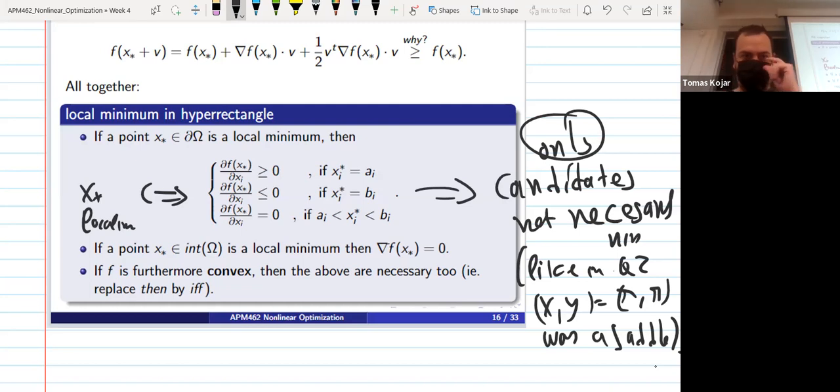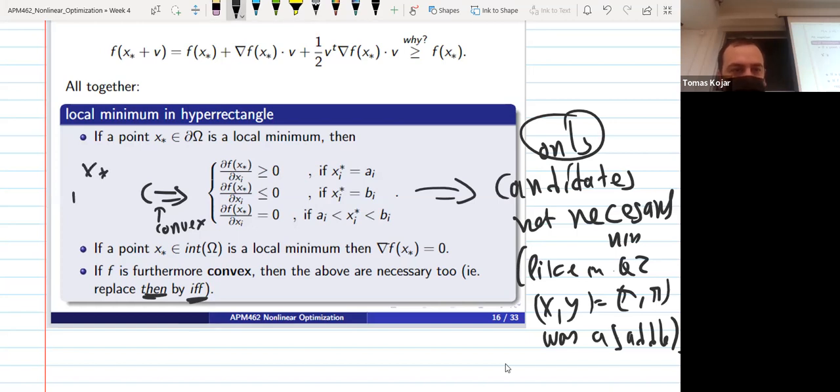All right. Good. And you need convexity here. I'm talking about the convex case. You understand? Right? We replaced "then" by "if." Is that okay? On the left, okay, sorry. I mean, x star is a local min.